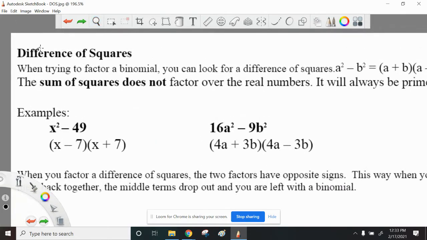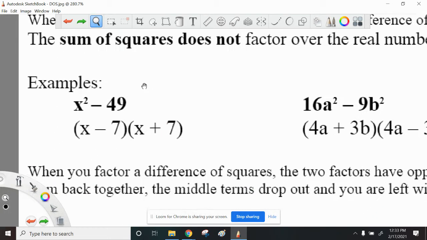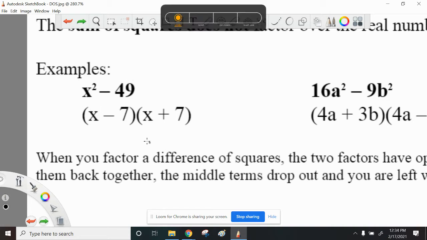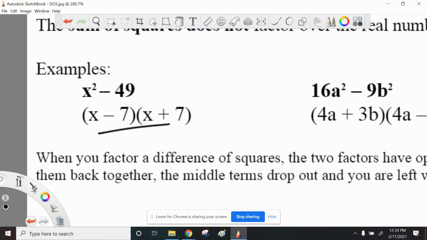So up at the top, we've got difference of squares. We'll talk about this name in a second. Looking at these examples, this is the question, and this is the triple. Okay, this is the x squared plus x plus no x. And then this is the answer.